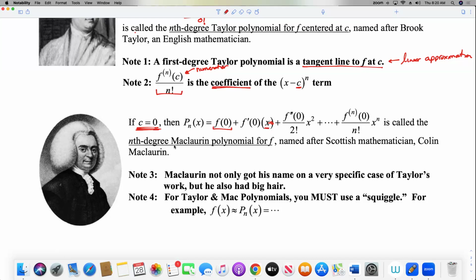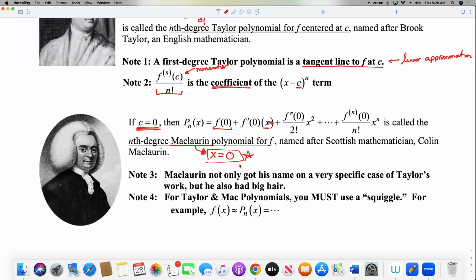This is called the nth degree Maclaurin polynomial. It is still a Taylor polynomial, but it's special, okay? So whenever they say find the Maclaurin polynomial, you have to know that the center is 0.